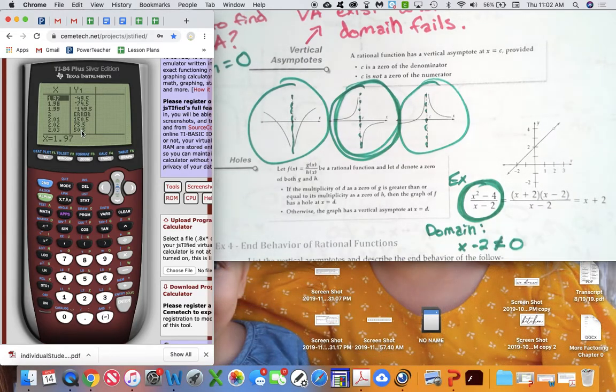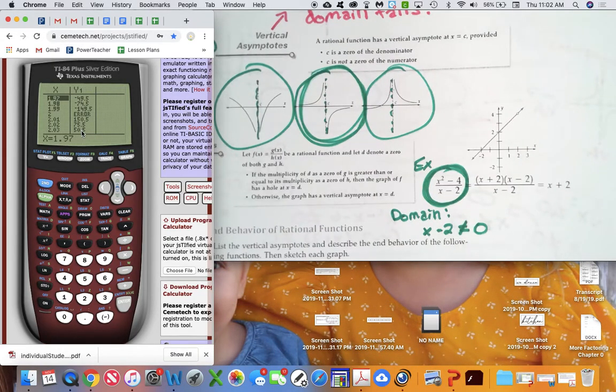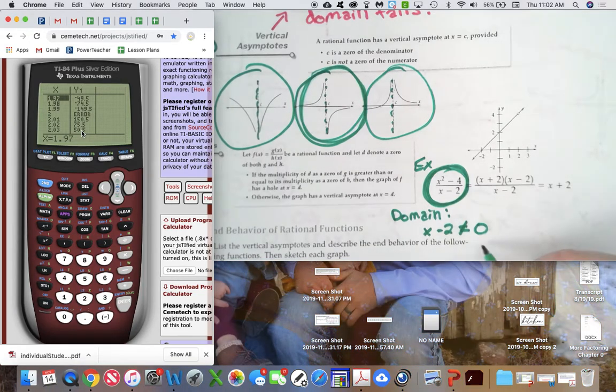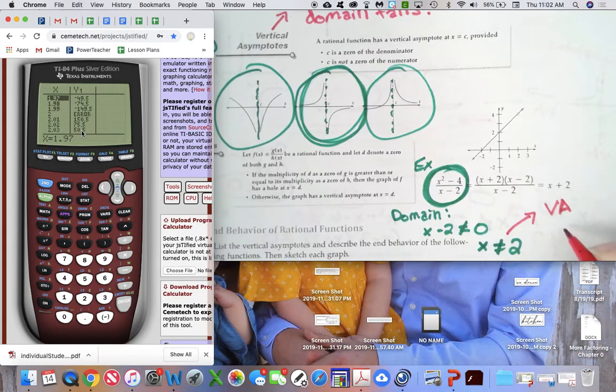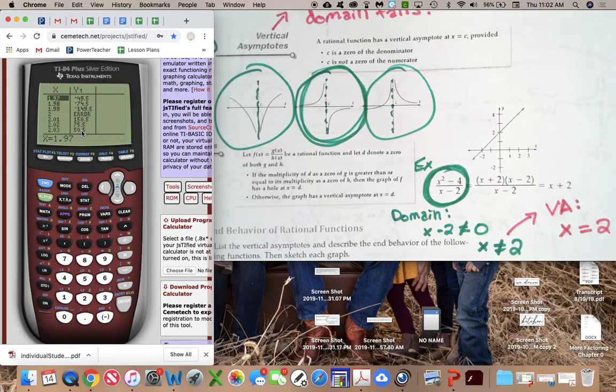X minus 2 cannot be 0, which means that x cannot be 2, right? Okay? If x cannot be 2, my VA, my vertical asymptote, is what? x equals 2, right? X equals 2 is the line where my VA is.